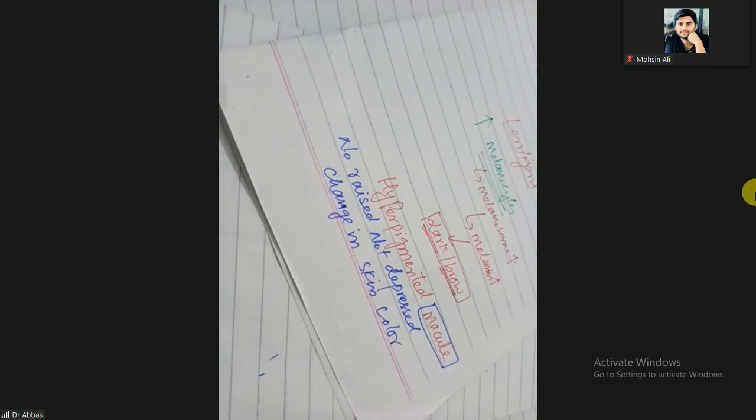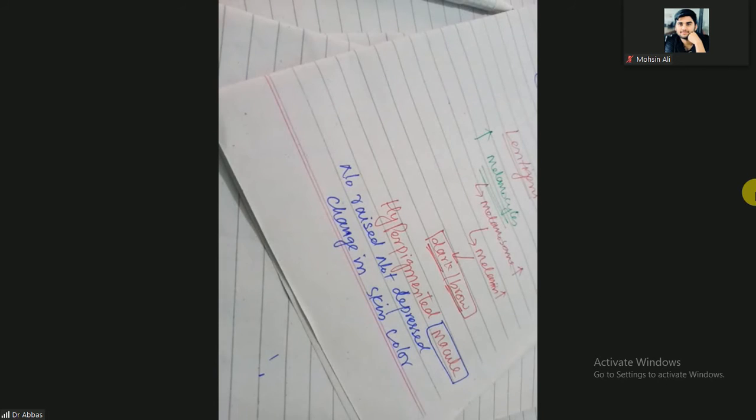When the color of the skin is changed and you palpate that area, there is no depressed area and no raised area, only flat skin is changed. You can only feel the color change, but you can't palpate anything. That is a macule.